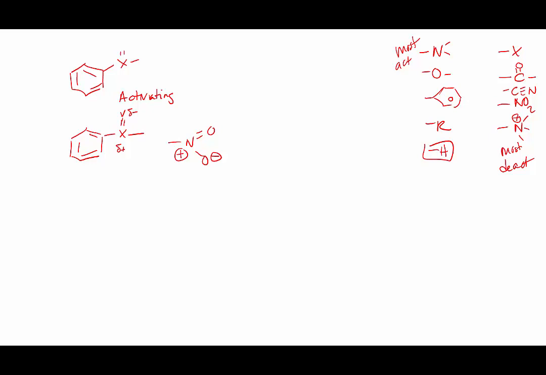Now, when I take a benzene ring that already has a group on it, and I react it with an electrophile, there is a regioselectivity that needs to be dealt with. So, is the electrophile going to add to the ortho position, to the meta position, or to the para position?